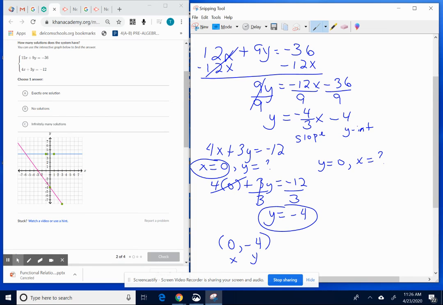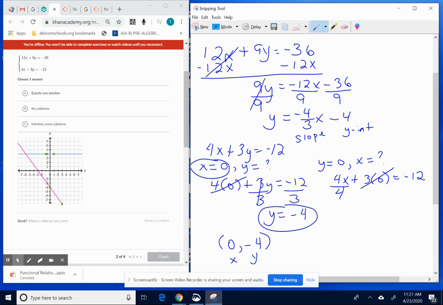The x goes first. The other solution, I'm going to replace y with 0 and figure out what x has to be. So I'm going to rewrite the problem, but in place of the 3 times y, I'm going to write in 3 times 0. So I have 4x plus 3 times 0 equals -12. 3 times 0 is just 0. So I really have 4x equals -12. I'm going to divide both sides by 4.